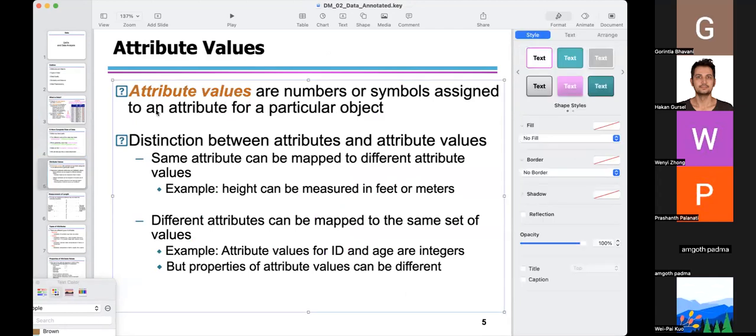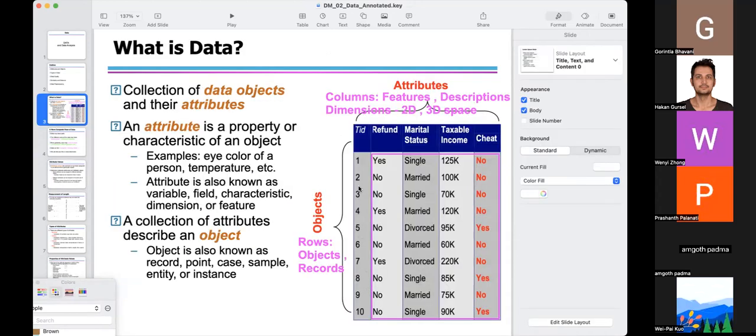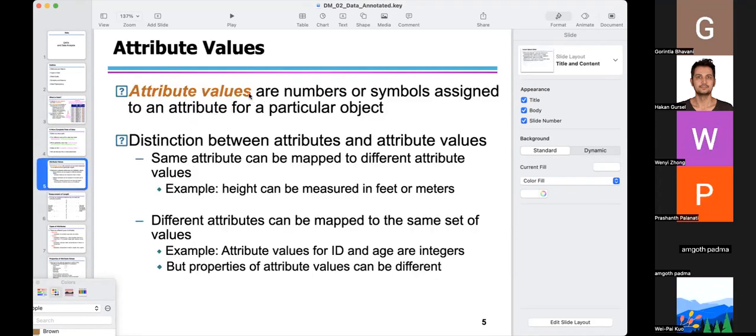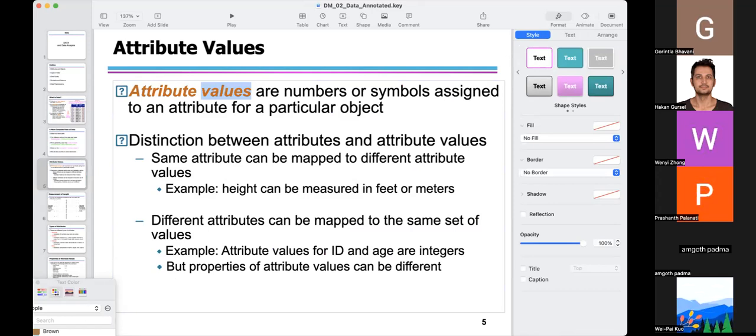So the attribute values, this is what I have enclosed in that rectangle here. This is the values of the data. So the attribute values is what's inside of the table. They could be numbers or symbols that are assigned to an attribute for a particular object. When we say symbols, this means that they can be text, such as strings.